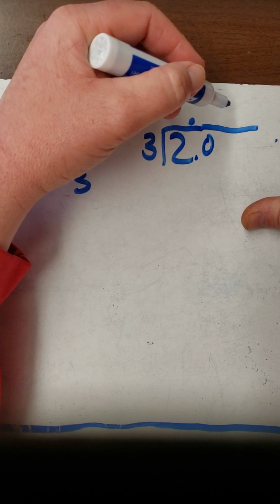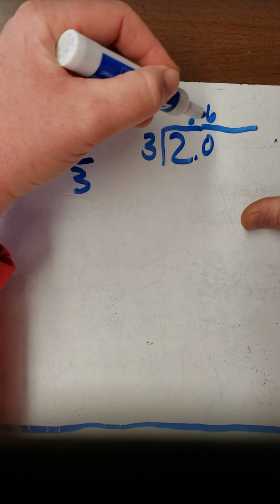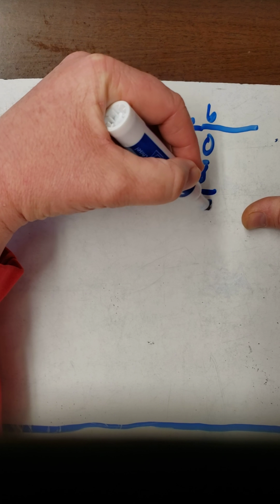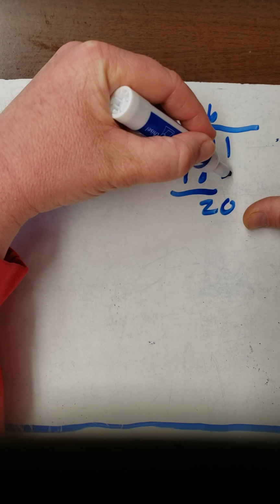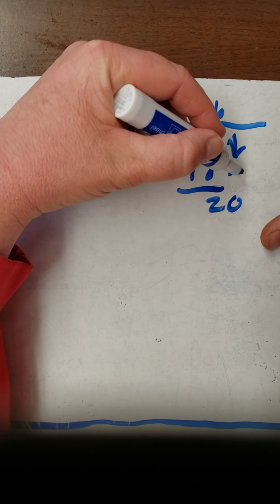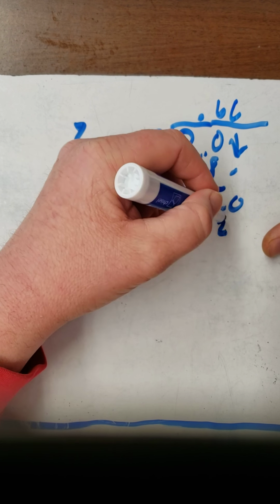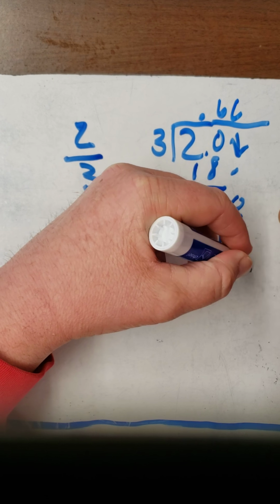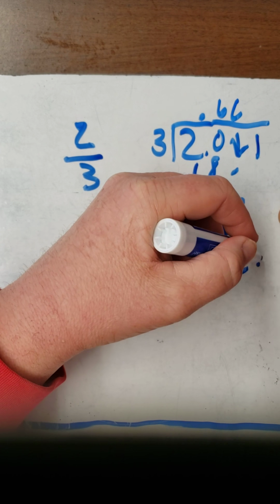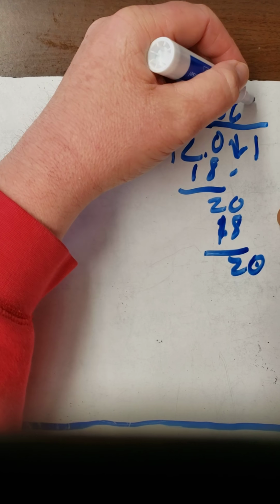3 does not go into 2, but it goes into 26 times. 18, 2, bring down a 0. And 6 times again. 18, 2, bring down another 0, and it's 6 again.